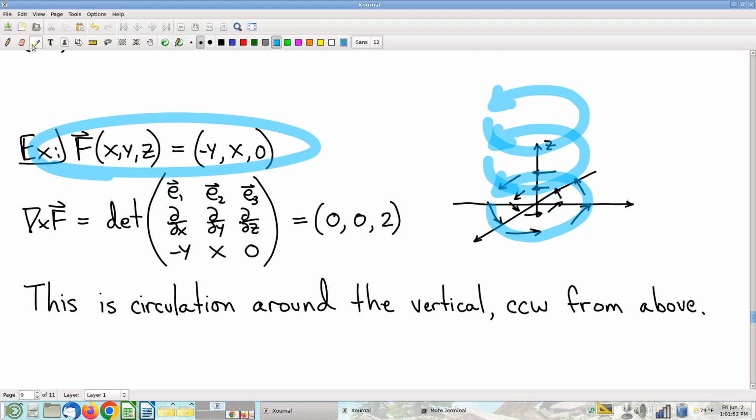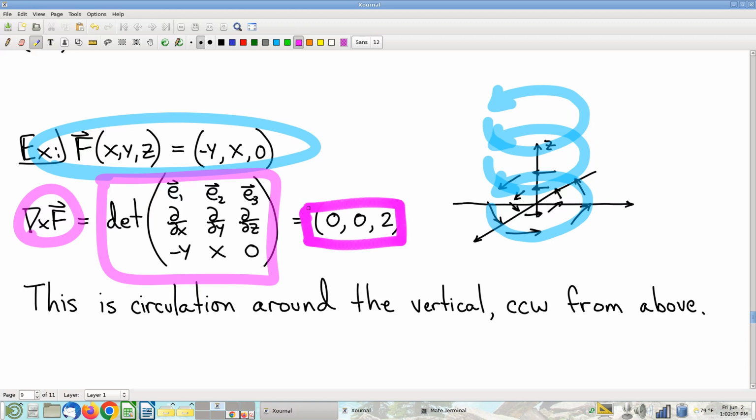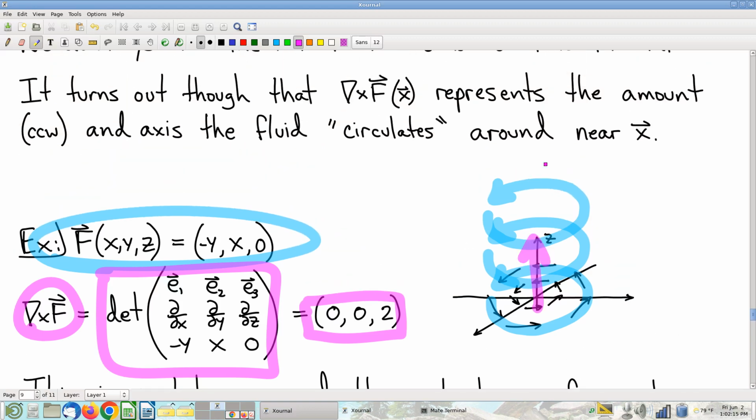I wanted to be in this mode. The curl, computed by this formula, you go through and play the game, take this partial of that, make it this coordinate, and you end up with this as the curl vector. Now let's draw the curl vector on there, and notice it is pointing straight up. As predicted, this is pointing in the direction of the axis that the fluid is circulating around.